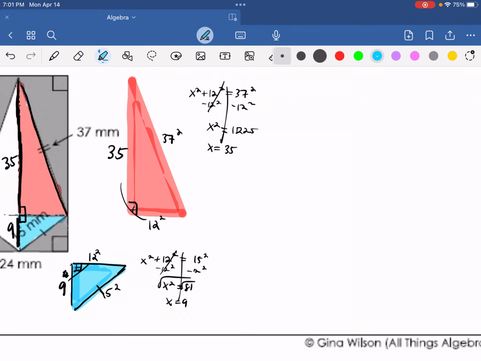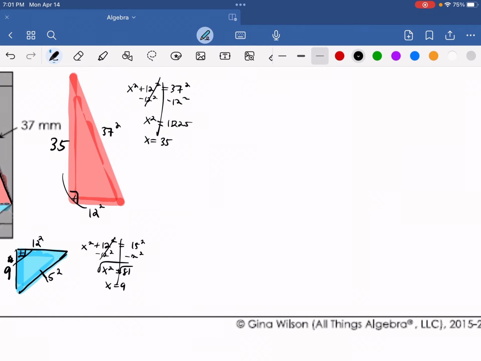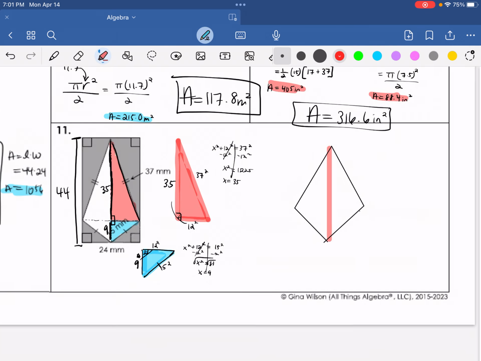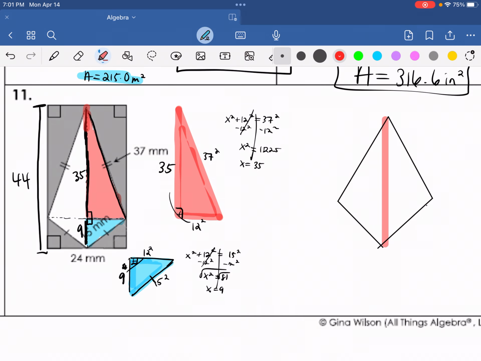Okay, for the kite, we already found all our numbers, luckily. The only parts you really care about are how long it is from top to bottom, which we found is 44 because it's the middle. It's from top to bottom. And then we care about left to right.